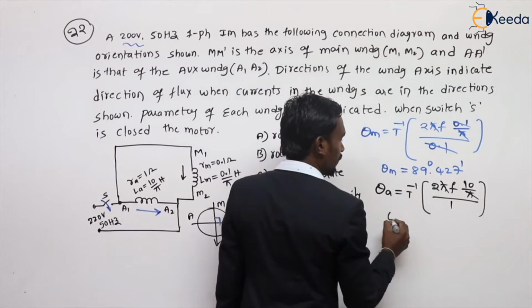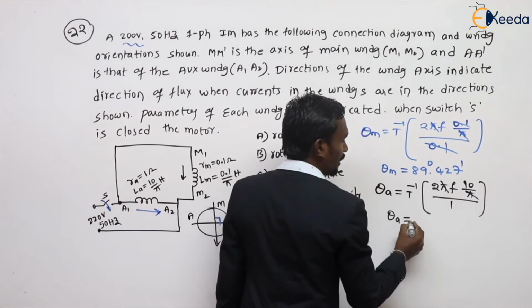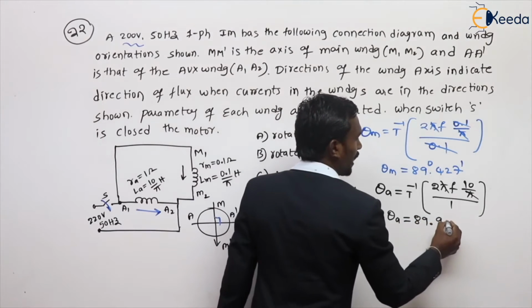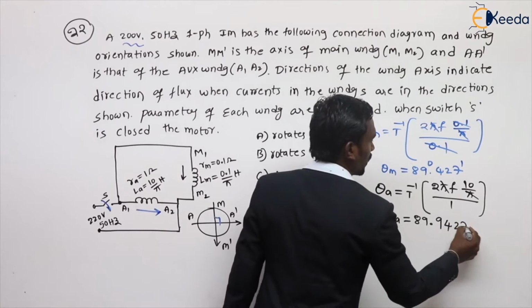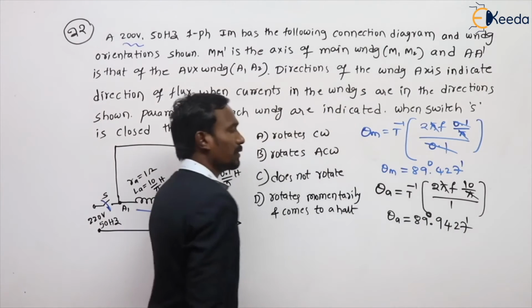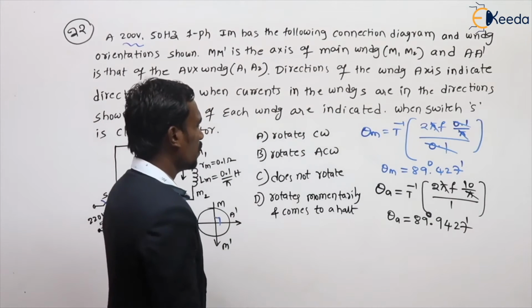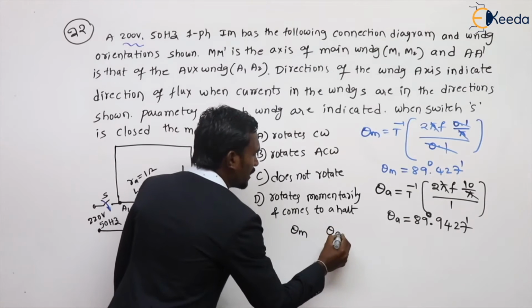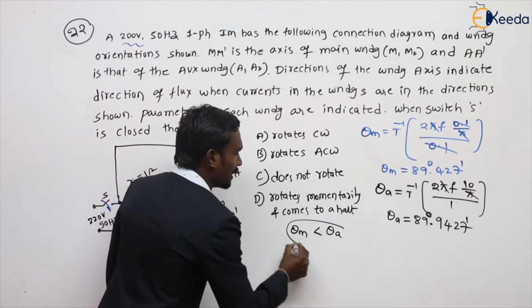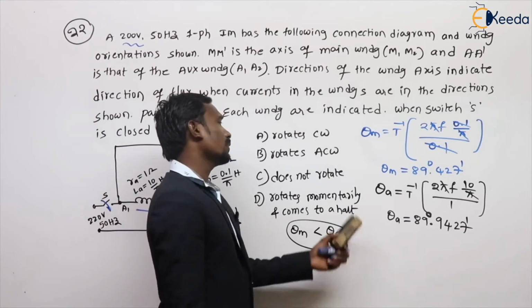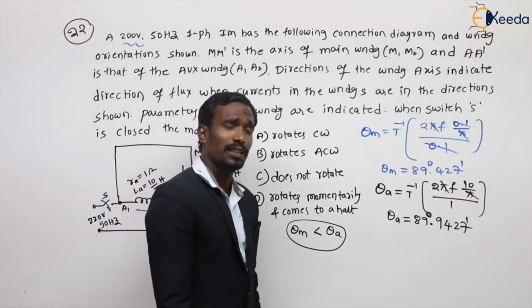If you substitute that value, you will get theta a equal to 89.9427 degrees. So in general, if theta a is greater than theta m, the rotor rotates in counterclockwise direction.